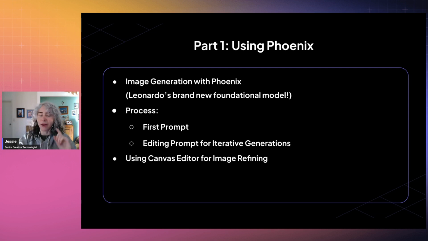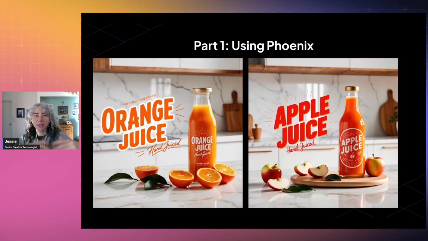And then I'm going to very quickly go into Canvas Editor for image refining, so cleaning up a few elements. This is just an example of what we're going to work through this morning. I apparently was really on an orange juice kick yesterday, and so we're going to focus on making an orange juice campaign throughout all of this today.